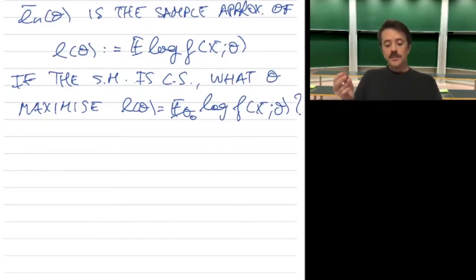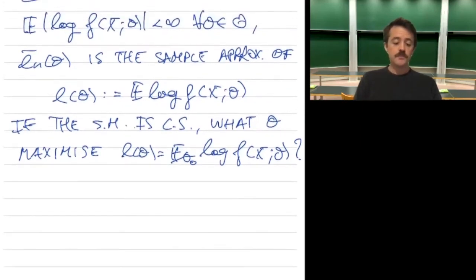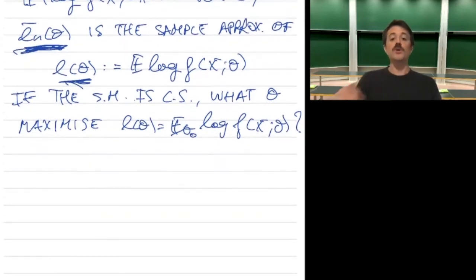Well, we would like precisely to have theta naught maximize this, and that should be apparent to everyone, because if this is a sample approximation, with the MLE we want it to be close to theta naught. So ideally, if this is an approximation to this, then the maximizer of this should be what the maximizer of this other one is approximating. So what we want is for theta naught to be the maximizer.